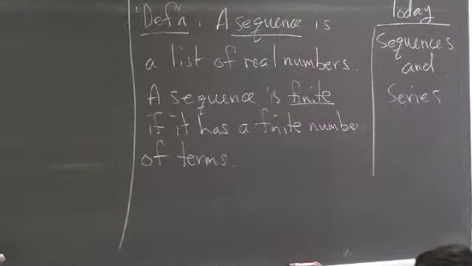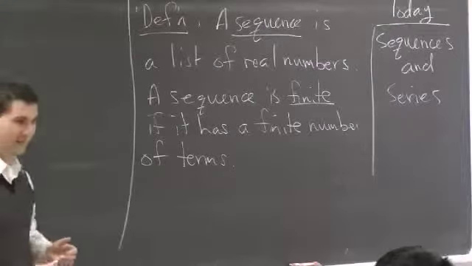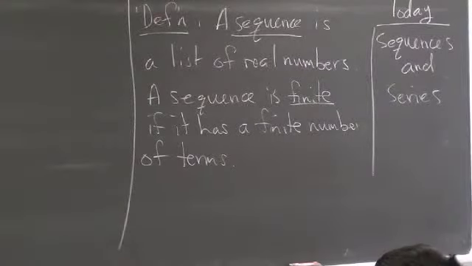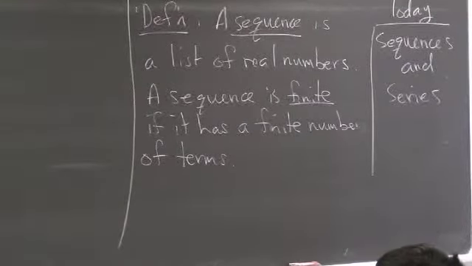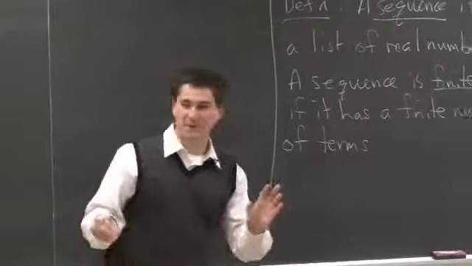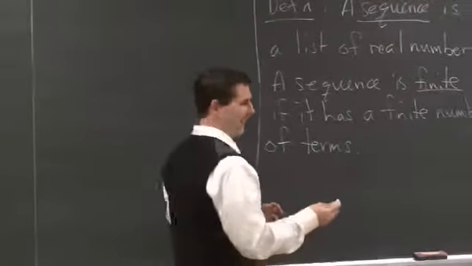And what do you think it means to be infinite? What's an infinite sequence? Endless. What do we mean by endless? Never ending. Well, here, I'm going to give you a real cop-out definition. You're going to like this.